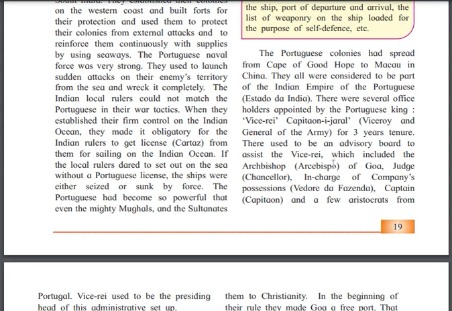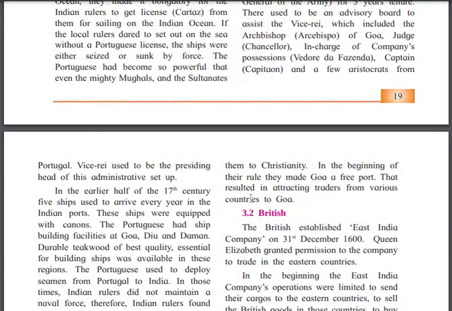So there were different types of offices in India, made by the Portuguese king, and there was also an advisory team assisting the viceroy. This advisory committee included the Archbishop of Goa, the archbishop being the head of the church, then the judge in charge of the company possessions, the captain, and a few aristocrats from Portugal.